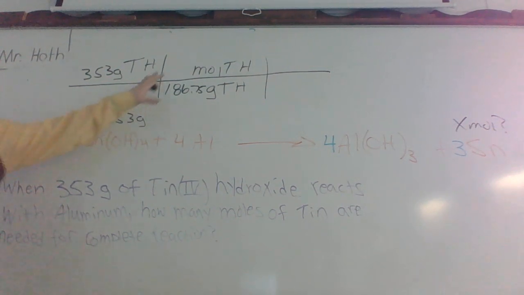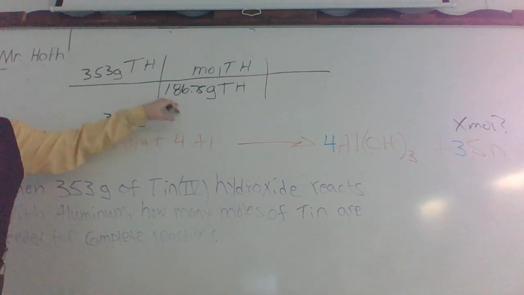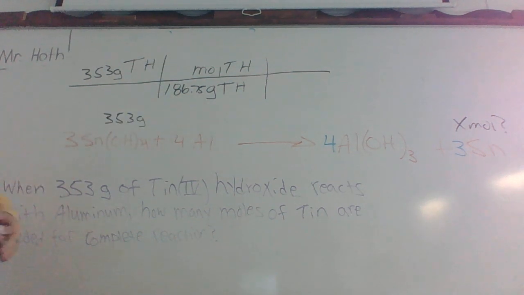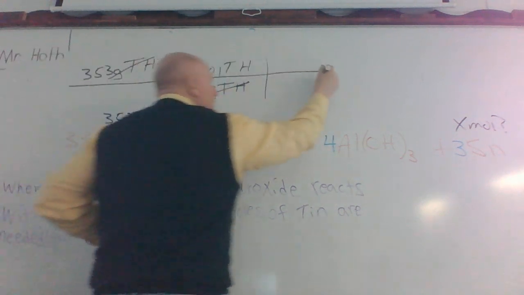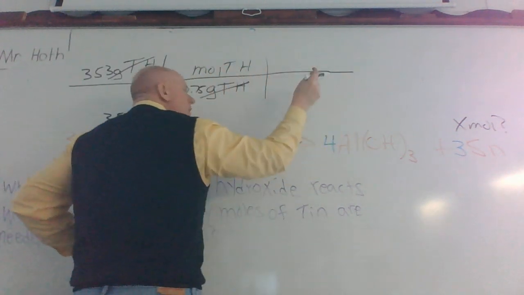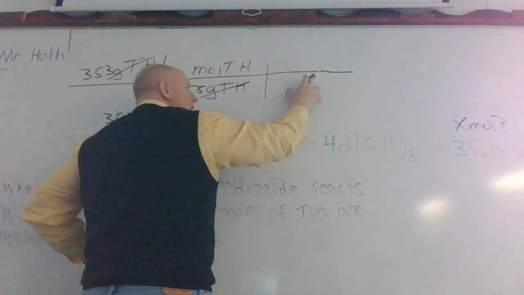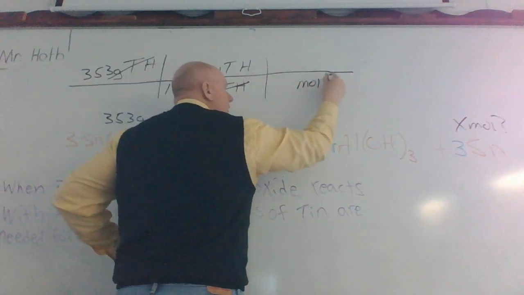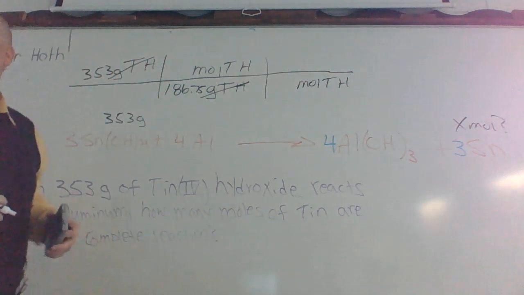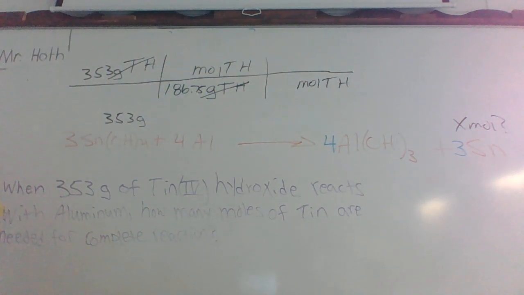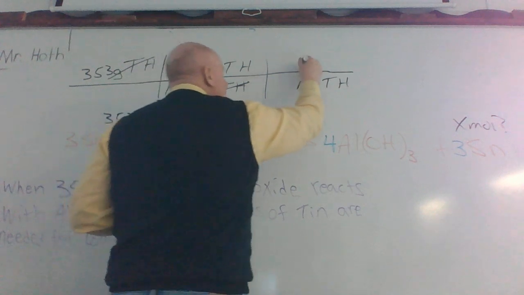Moles over moles. We don't have that. We have a molar mass, moles per gram. Okay? So these have canceled. We're in moles of tin hydroxide. So we want that mole of tin hydroxide to cancel here. And then what would go on top? Moles of tin, because that's what we're looking for.